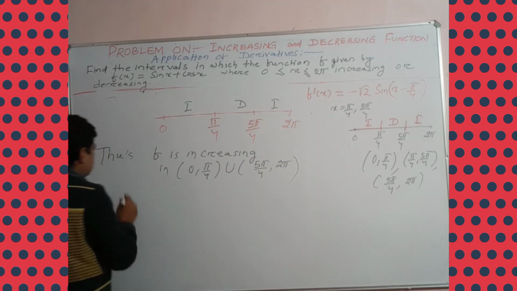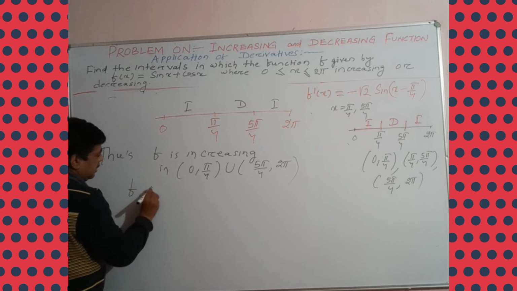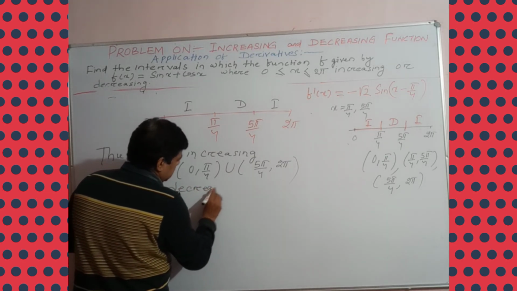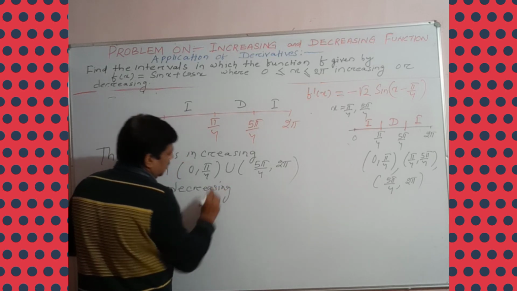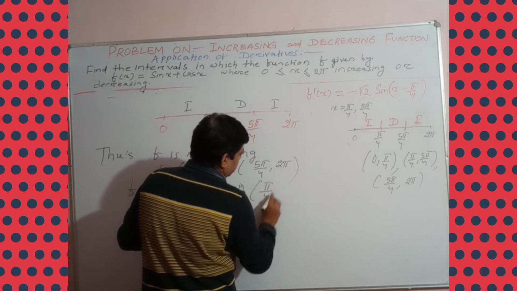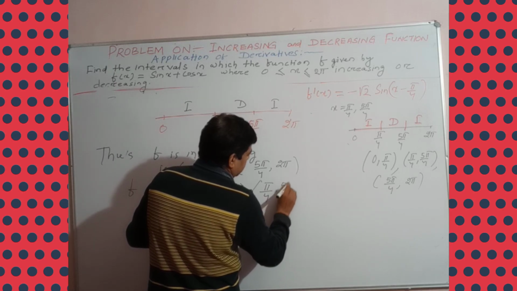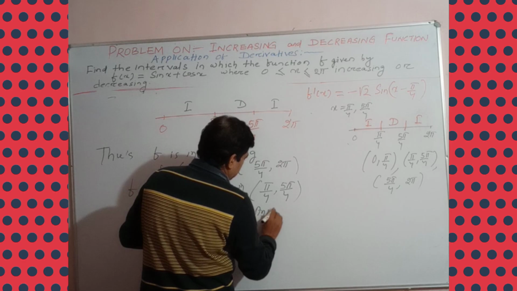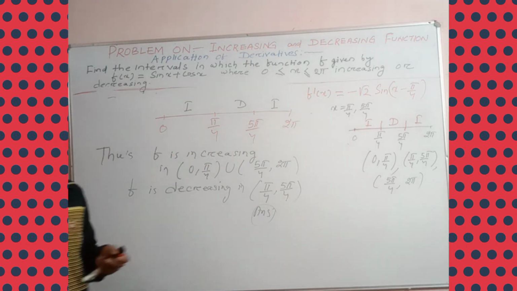Again, f is decreasing in the interval pi by 4 to 5 pi by 4. Understand? This is the required answer, which we were going to find out.